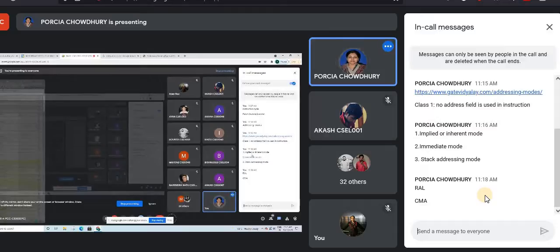In case of immediate, you have the operand immediately; the operand will be used immediately. So what do you mean by immediate addressing mode? In this mode, the operand is mentioned explicitly in the instruction.